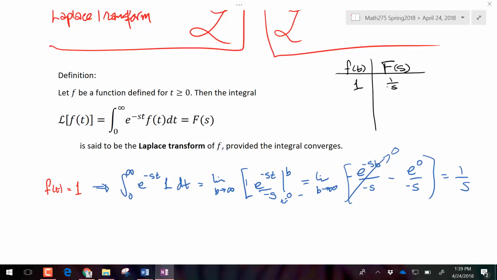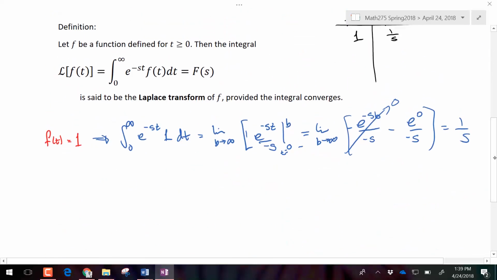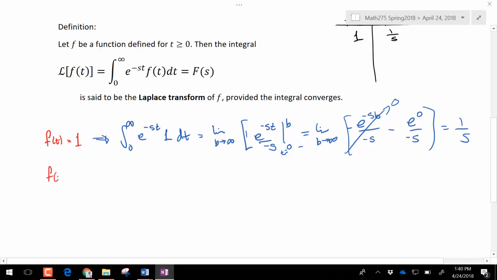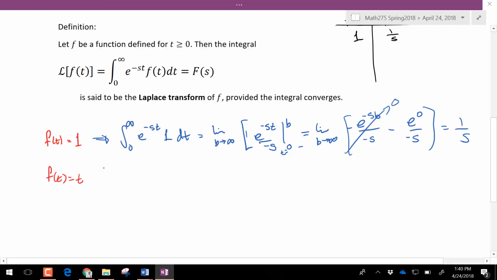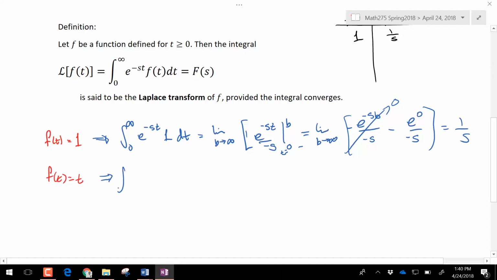All right, should we do another one? Should we do t? It's usually the thing to do. So this looks like it's going to require integration by parts.